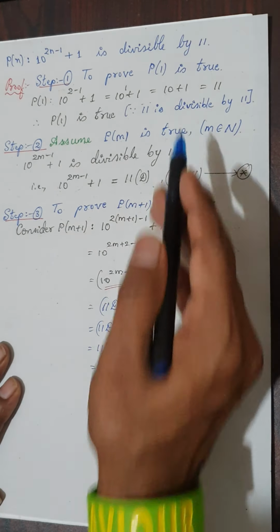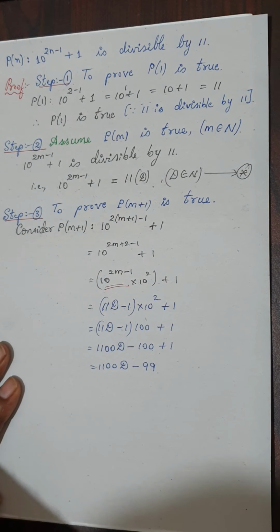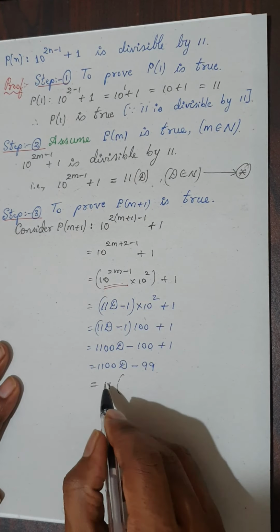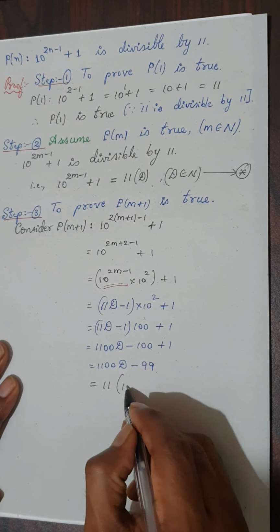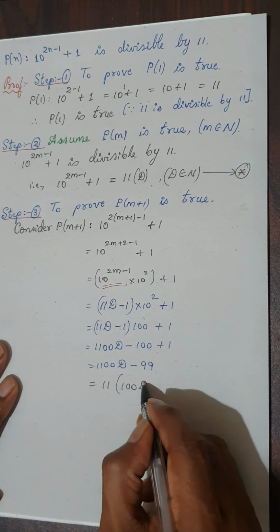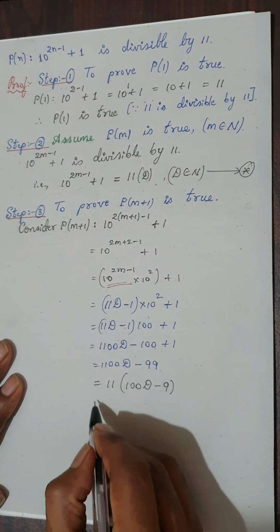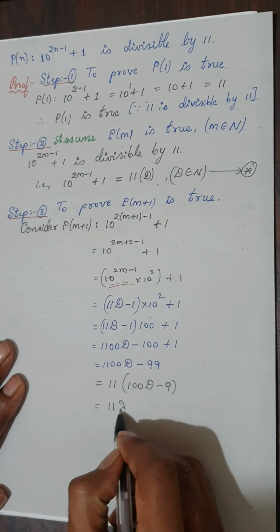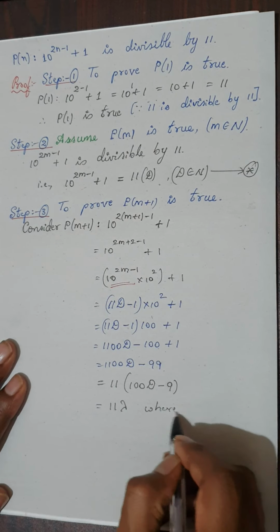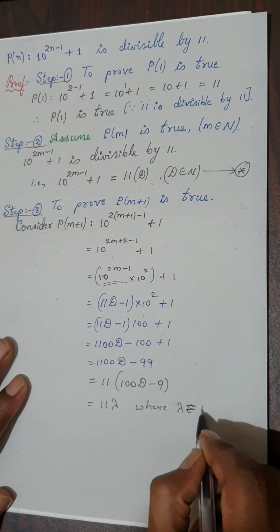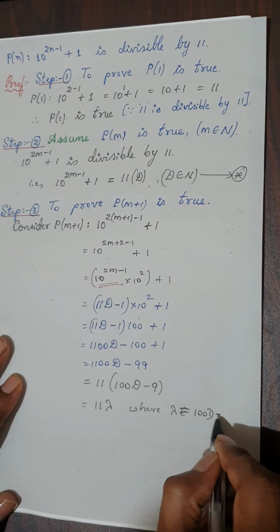I have to prove this is divisible by 11. So I'm going to write it in terms of 11 into something. So I can write it as 11 into 100d minus 9, since 11 nines are 99. Is it clear? So this is nothing but 11 into some constant lambda, where lambda is equal to 100d minus 9.